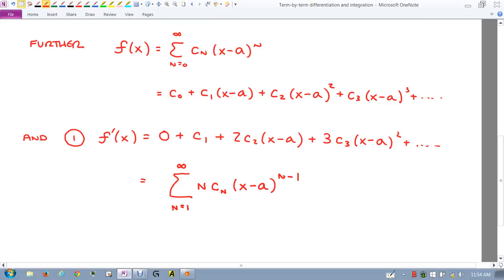Yes? But look everyone. Isn't that just the power rule on this? Look at this. If I said take the derivative of this, what would you do? n would come out, right? And then you reduce the power by 1, wouldn't you? But there's one little subtle thing. What changed? The starting point.